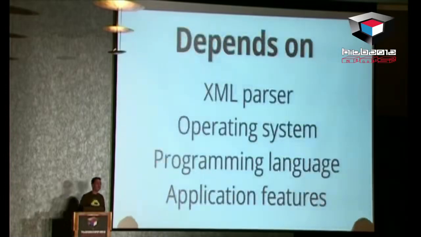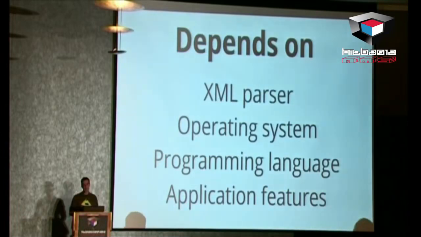Everything depends on the context of execution. It depends on the XML parser itself, the operating system, as we just saw, under Windows you have some specific tricks. The programming language, because most Xalan XSLT parsers allow you to execute Java code.